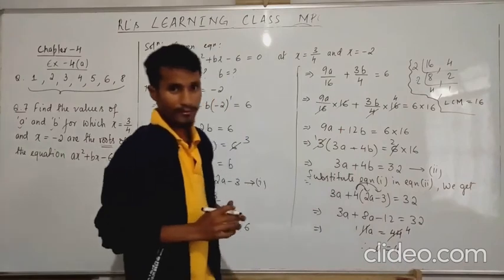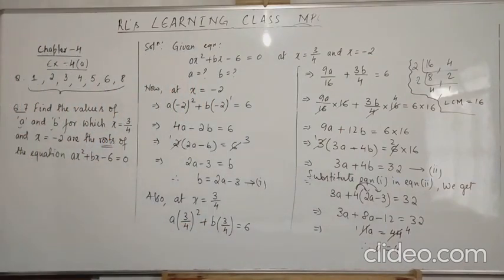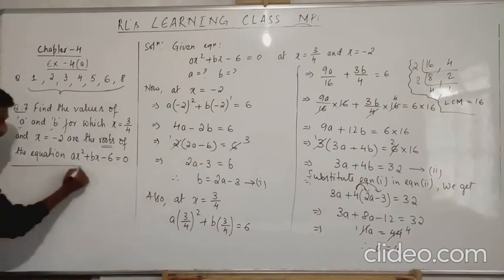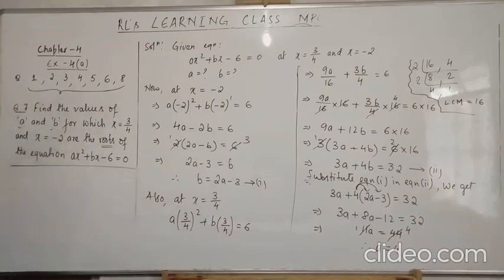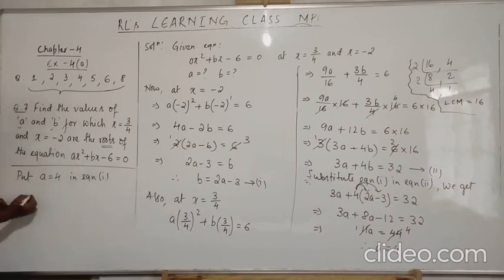Now we got the value of a. But the question said find the value of a and b. Then we need to find the value of b. Okay, I'll find the value of b here. Put a is equal to 4, or substitute a is equal to 4 in equation 1. Then b is equal to 2a minus 3.